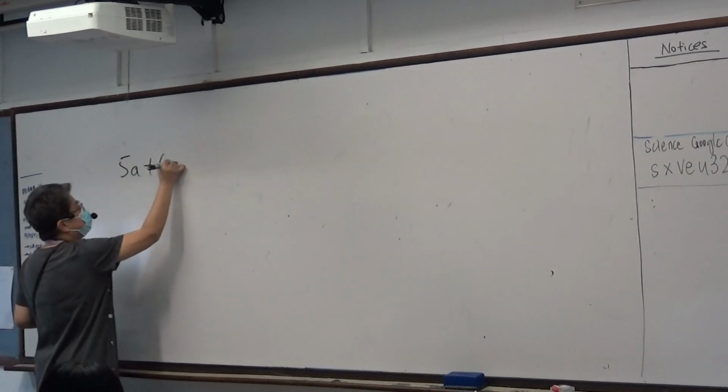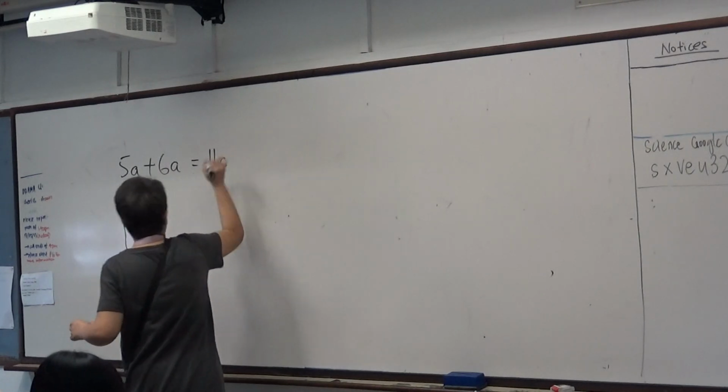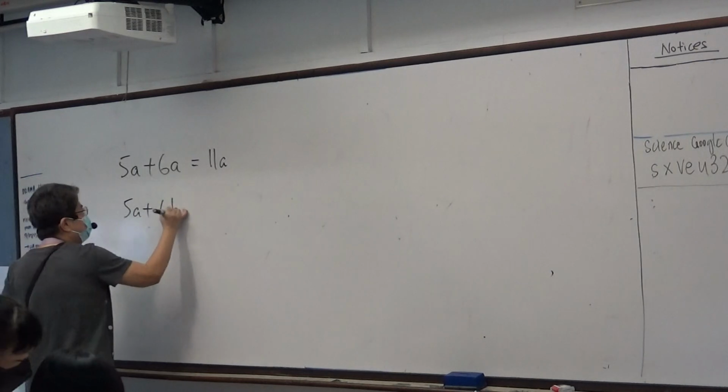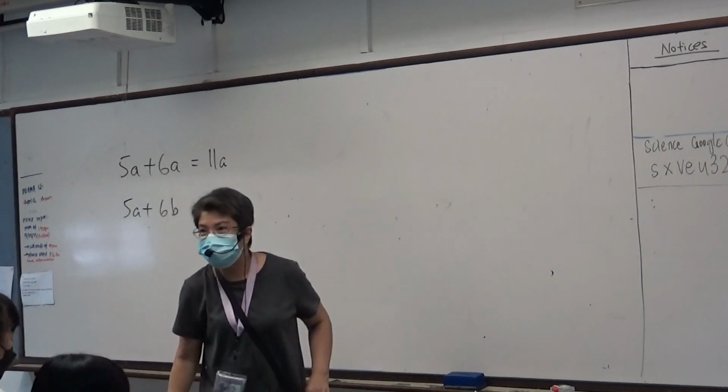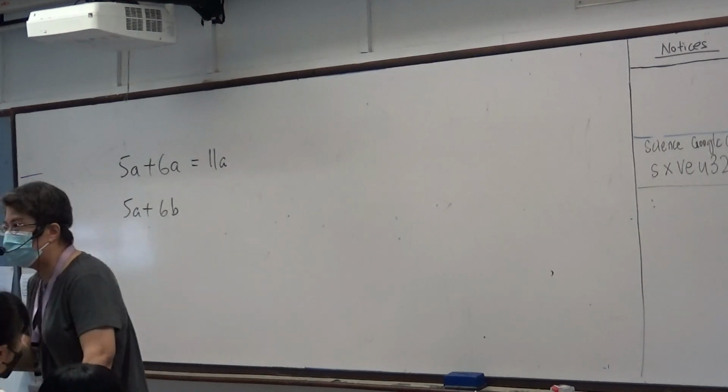5a plus 6a. Can I add these two? Yes, because they are like terms. Altogether, 11a. What if I have 5a plus 6b? Can I add these two? No, because they are unlike terms. We can only combine like terms.